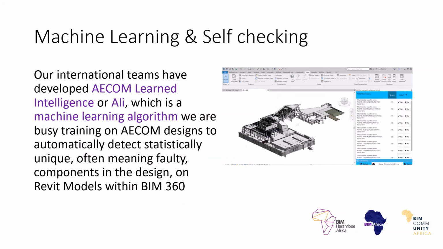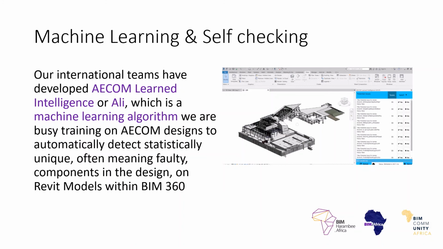That particular application or add-in is able to run on our Revit model sitting within BIM 360. Ali's capability includes spotting clashing, unconnected and duplicate or incorrectly sized objects, as well as unclassified or incorrectly classified components.